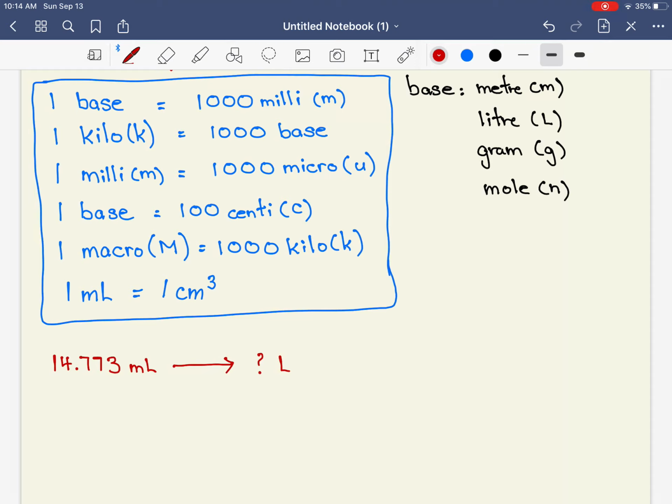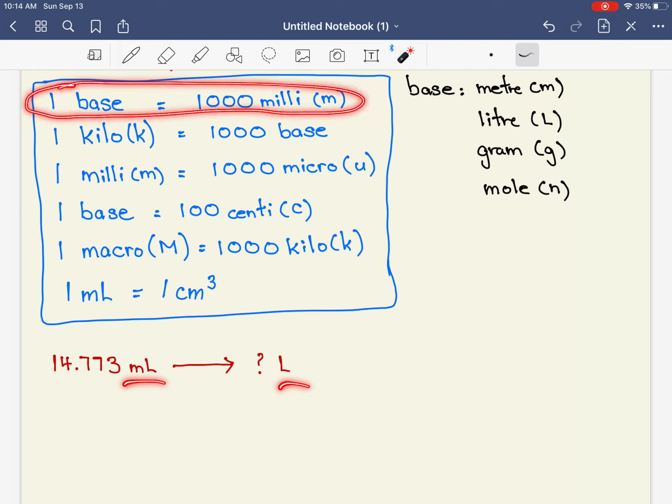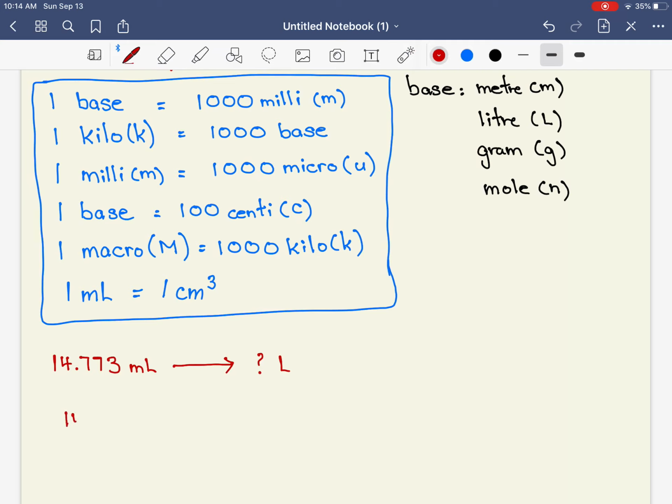Okay, all right, so you're looking at the same relationship, milli and base. Milli and base, so that's this one. One base is equal to 1,000 milli. So just like what we did before, we have 14.773 milliliter, and we're going to multiply that by a fraction.